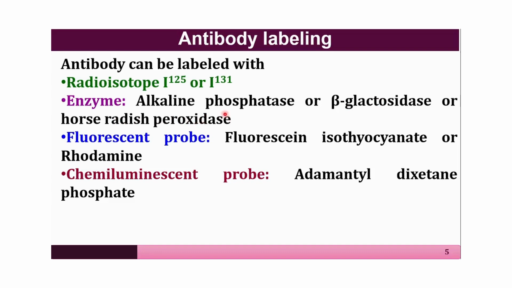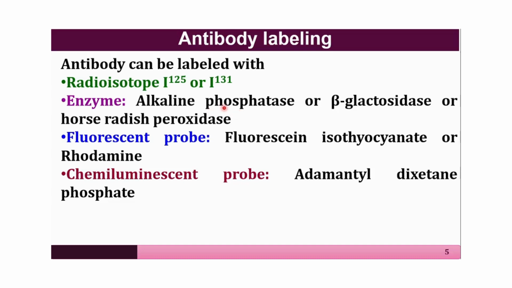As far as indicator enzyme is concerned, the enzyme could be alkaline phosphatase or beta galactosidase or horseradish peroxidase. These are the three common enzymes which are predominantly used in most of the immunodiagnostic kits. And they have their own substrates and can develop indicator reactions, which we will be seeing in a future lecture.